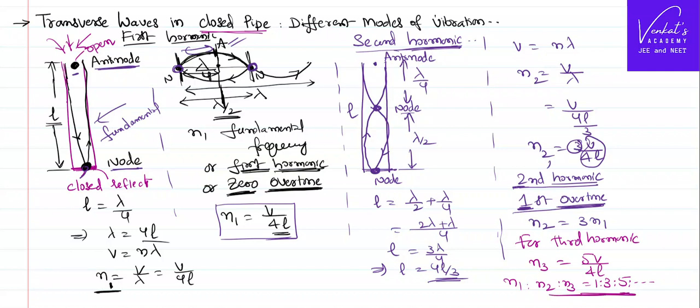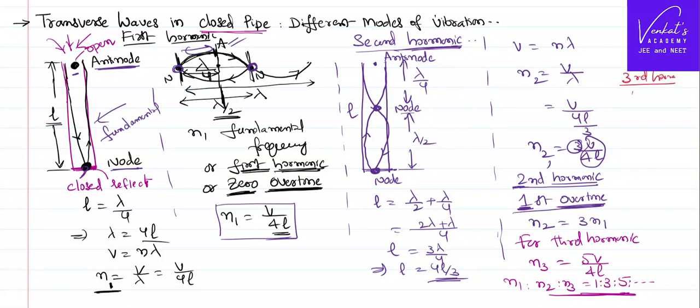That's how we get the ratios of frequencies in a closed pipe, right? Hope you understand that. Just for the sake of observation, if you want me to draw how the third harmonic looks like, I can just draw a diagram for you.